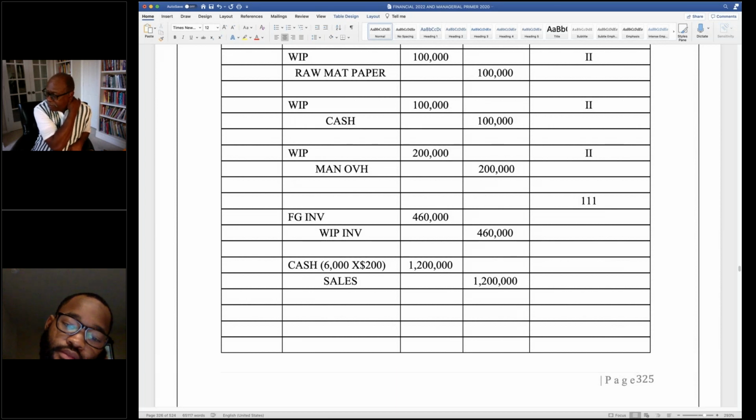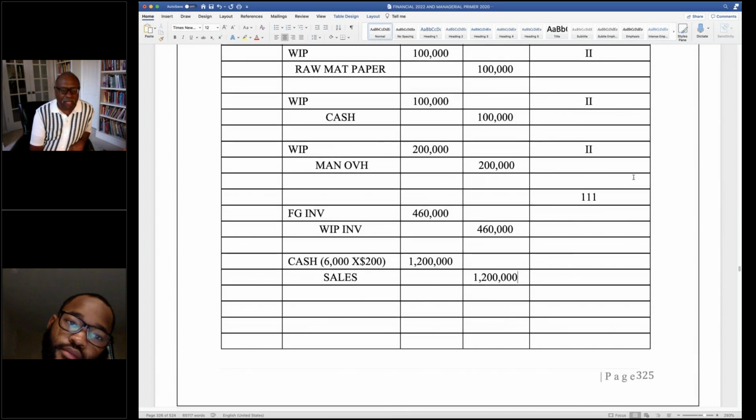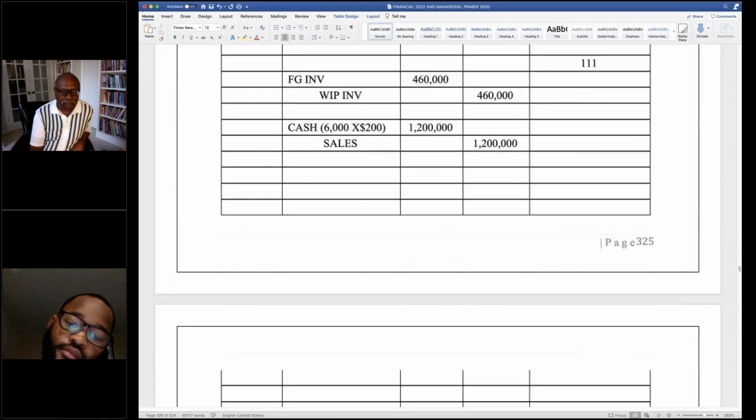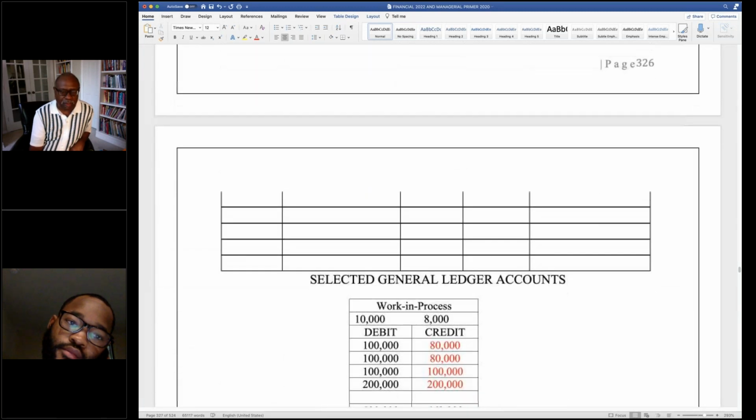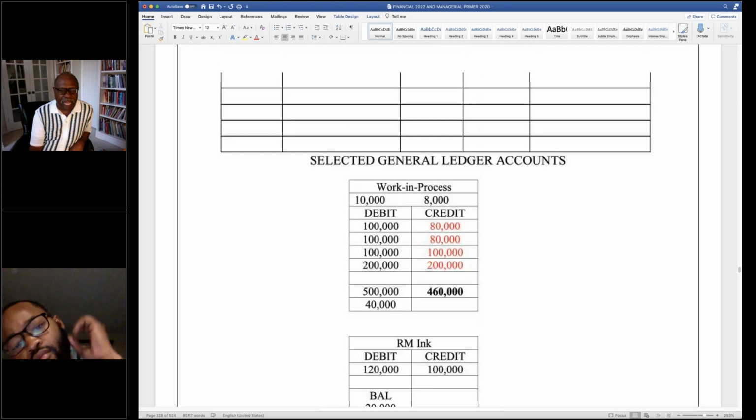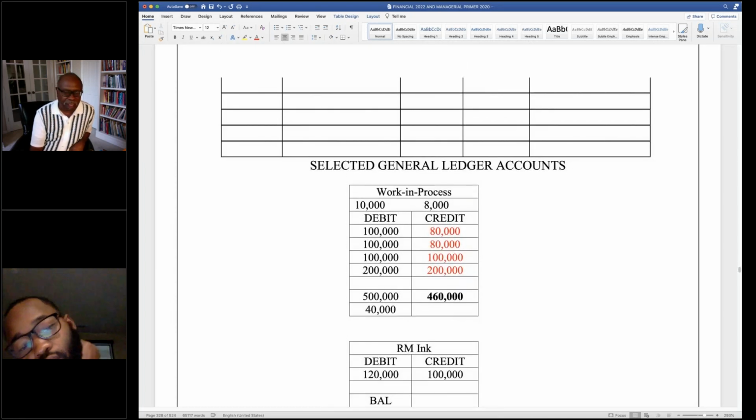But going back to your inventory accounting in Principles 1, if you had a beginning inventory, then you would have to have an inventory costing method: FIFO, LIFO, or weighted average.